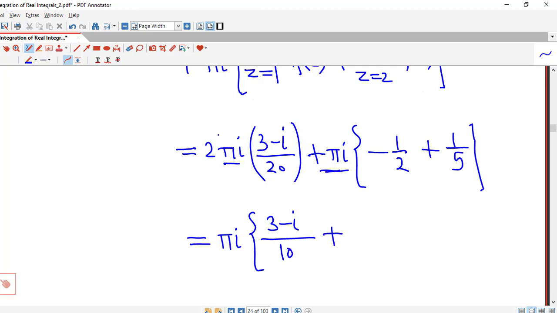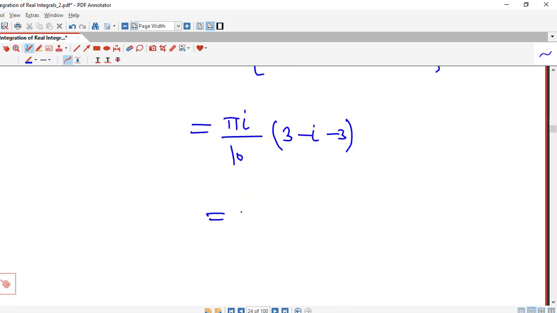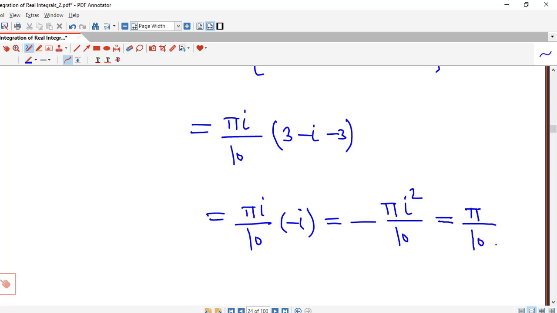Here 2 is cancelled out, and here we take 10 as the LCM, so we have minus 5 plus 2. Now we simplify this. Pi I divided by 10, this is going to be 3 minus I, and this is going to be minus 3. So pi I divided by 10, 3 will cancel out, leaving minus I. So we have minus pi into I squared divided by 10, and using I squared equal to minus 1, we have pi by 10.